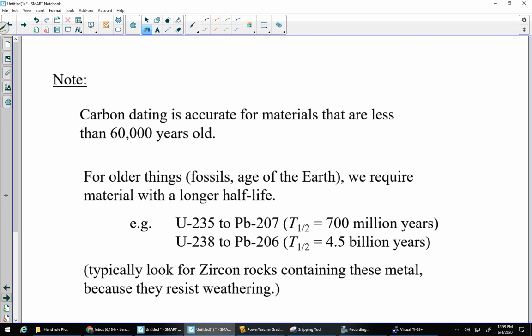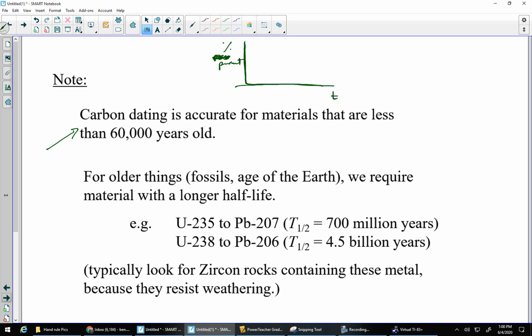The issue is, carbon dating doesn't really work very well for anything more than about 60-ish thousand years old. Any guesses why? What does our graph look like? Percent parent versus time.